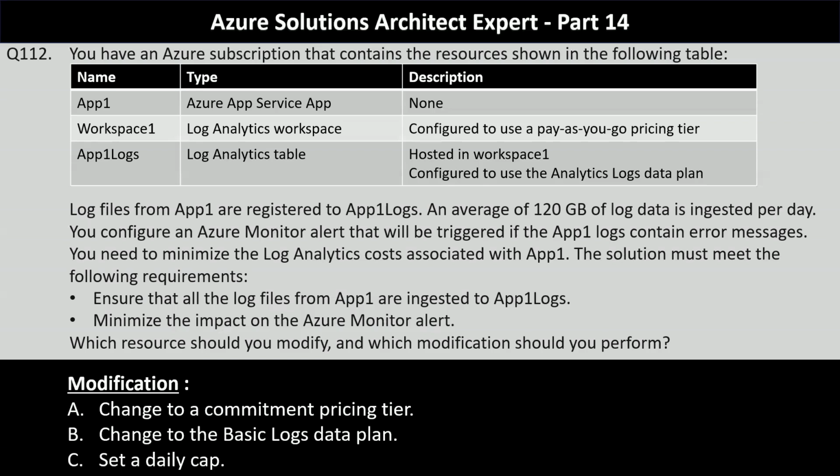Now, since we have an average of 120 GB of log data per day, to minimize cost and impact, we should change the workspace 1 plan from pay as you go to commitment pricing tier. With commitment pricing tier, you can commit to buy data ingestion for a workspace starting at 100 GB per day at a lower price than pay as you go pricing.